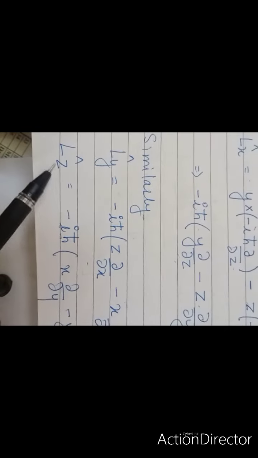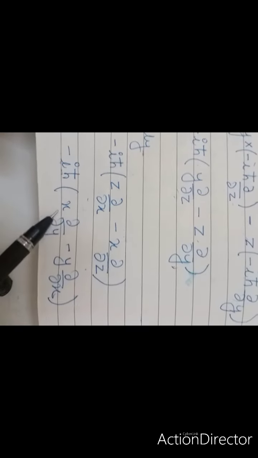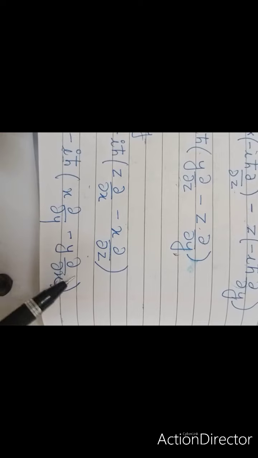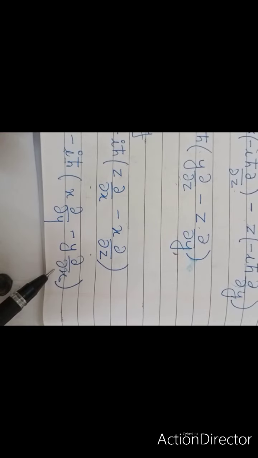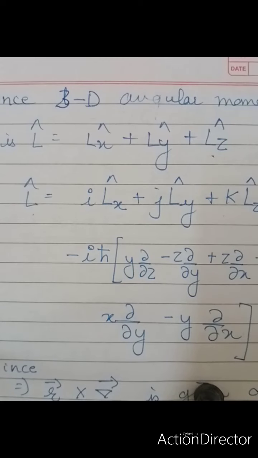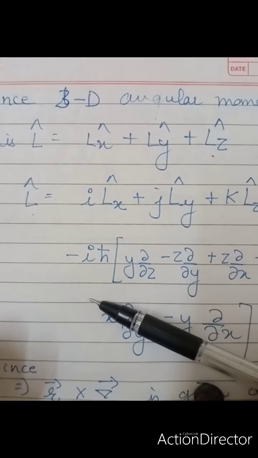Similarly for Lz, it will be minus i h cut times x del by del y minus y del by del x. Since the values of Lx, Ly, Lz are known to you, now you will calculate it in 3D angular momentum. So L will be Lx, Ly, Lz, and I will put the values which I am getting from here.